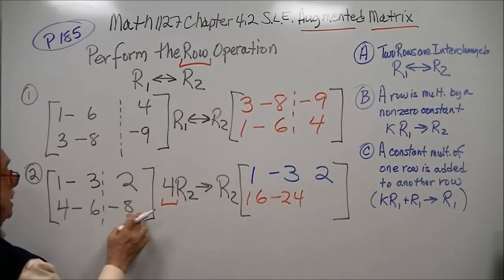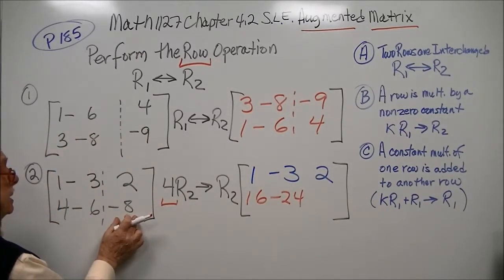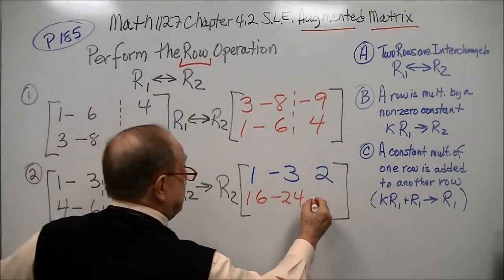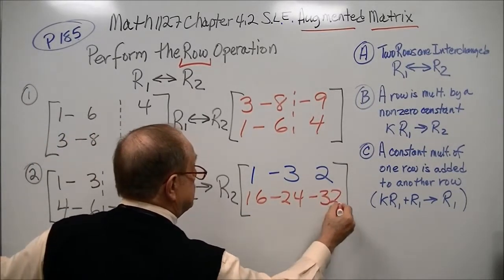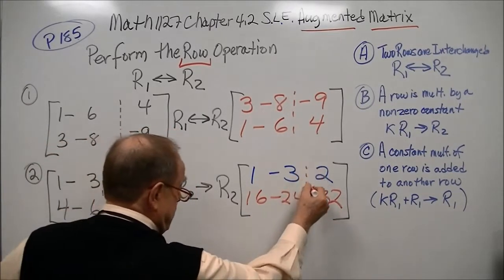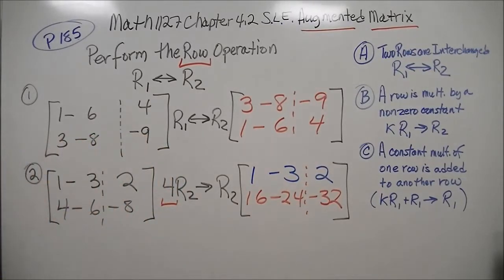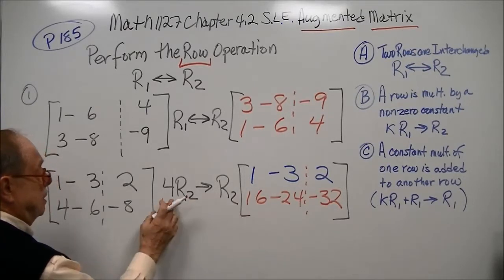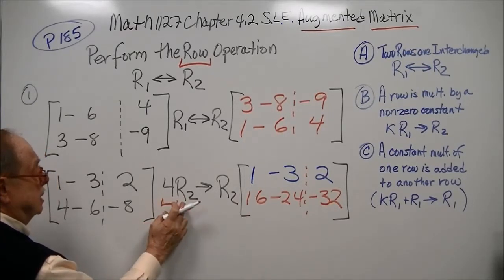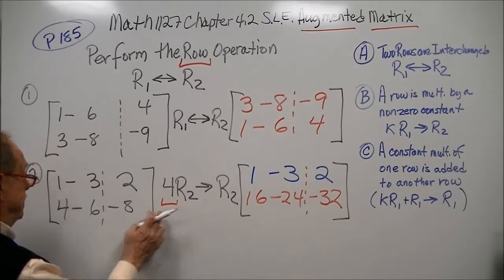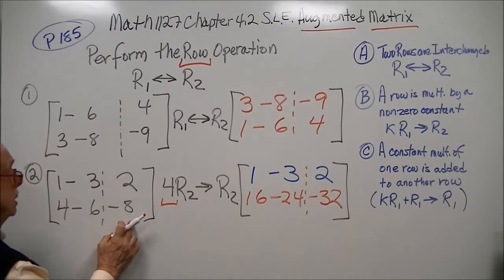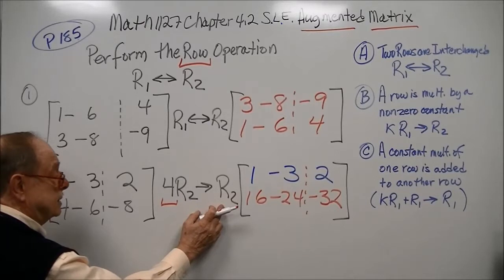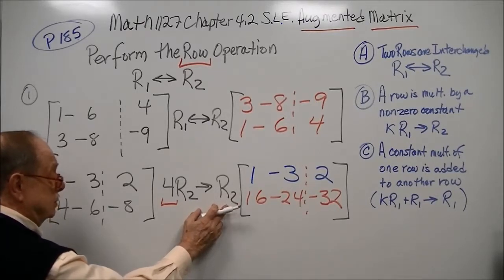And 4 times a negative 8 is a negative 32. So we have carried out this row operation where we've taken a constant, multiplied it by each term in row 2, and then replaced row 2.